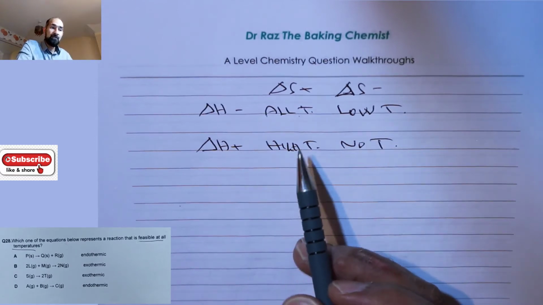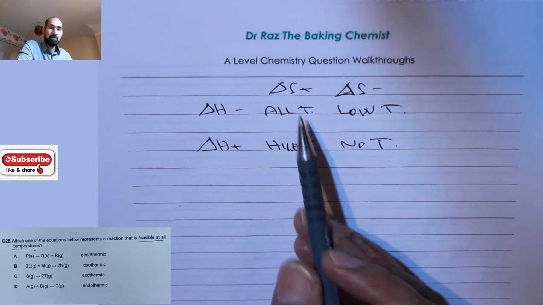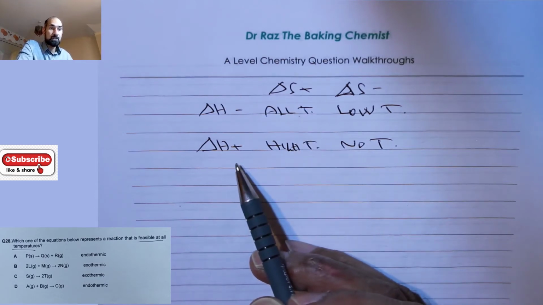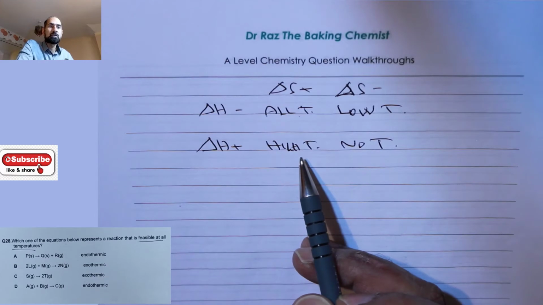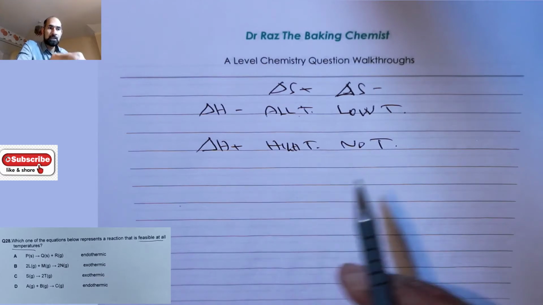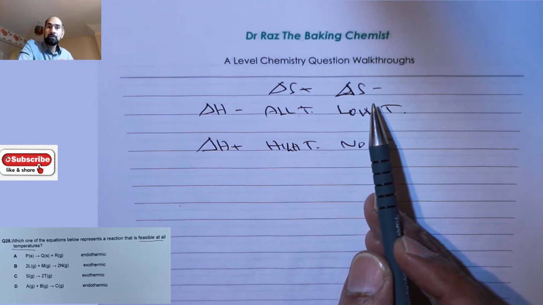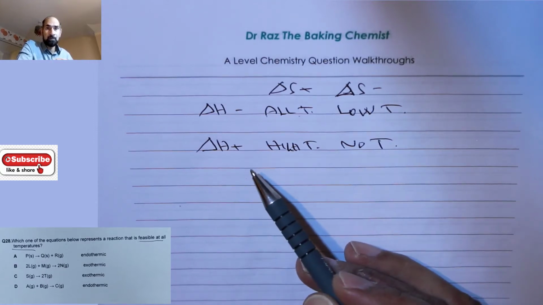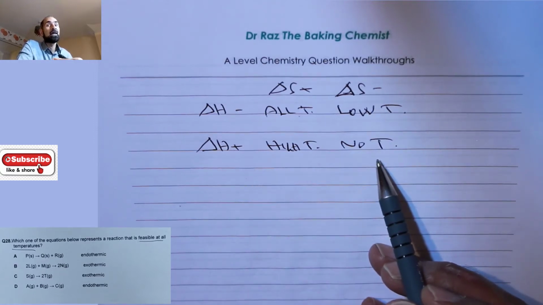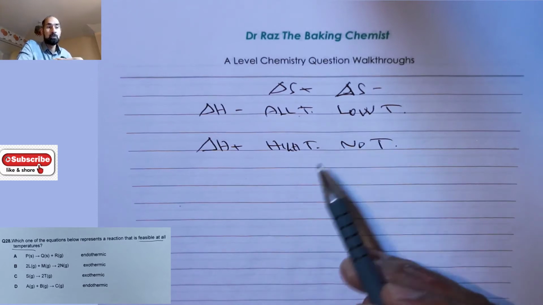And if a reaction has a positive entropy and a positive enthalpy, in other words endothermic, it's only feasible at high temperatures. And if a reaction has a negative entropy and a positive enthalpy, then it's not feasible at any temperatures. All, low, high, no.